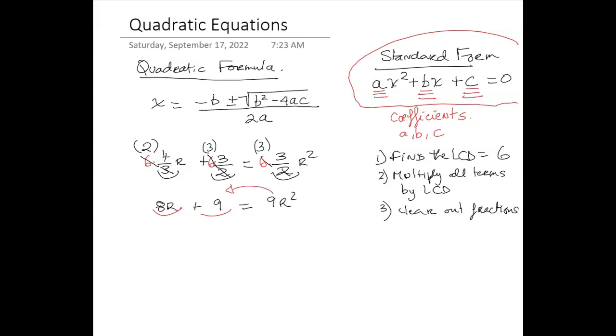So let's move the 9r squared to the left side, and we get negative 9r squared plus 8r plus 9 equal to 0. There's nothing on the other side, so it's 0. All right, we have it in standard form. So all we need now is negative 9, positive 8, and positive 9. That will represent a, this will represent b, and this will represent c. And we just plug them into our quadratic formula. So let's make some space here.